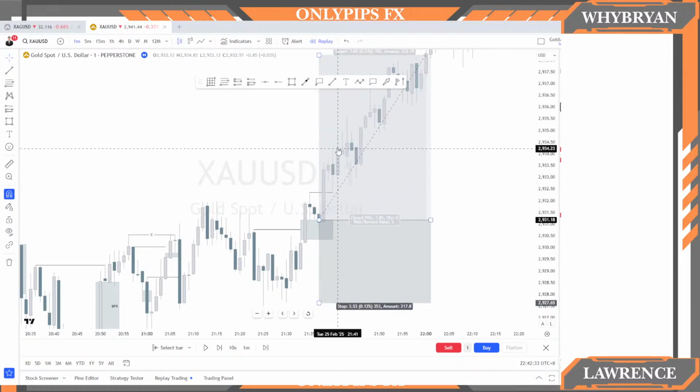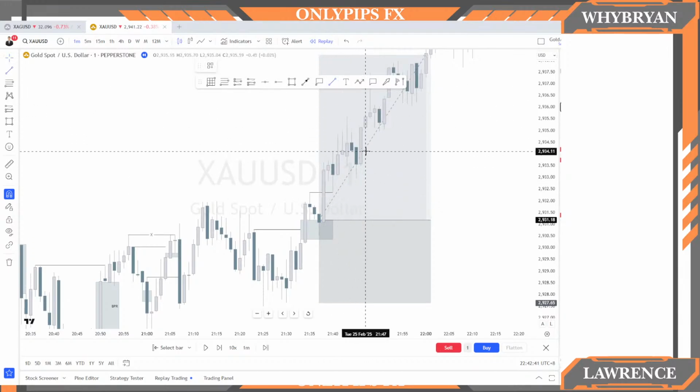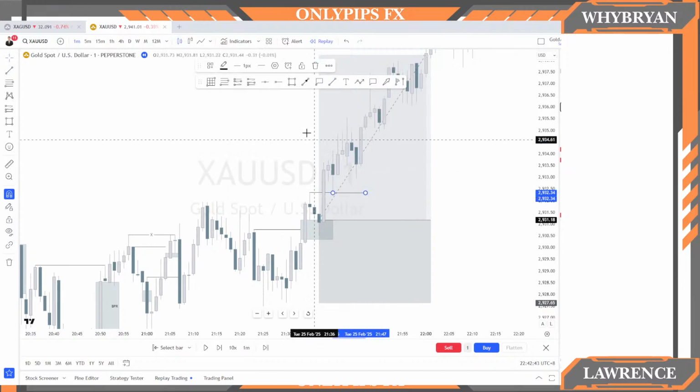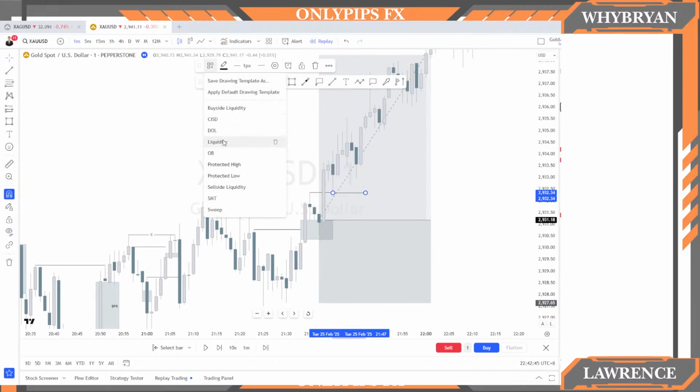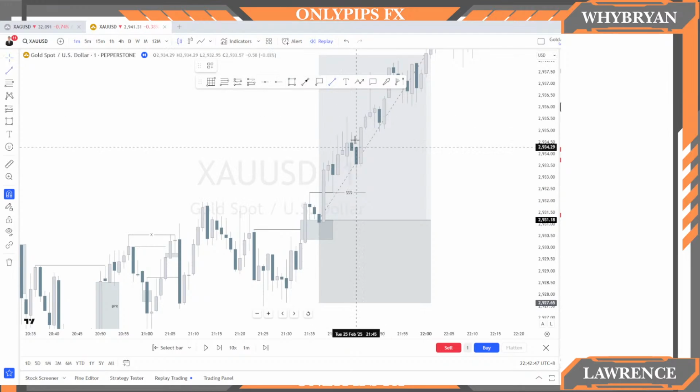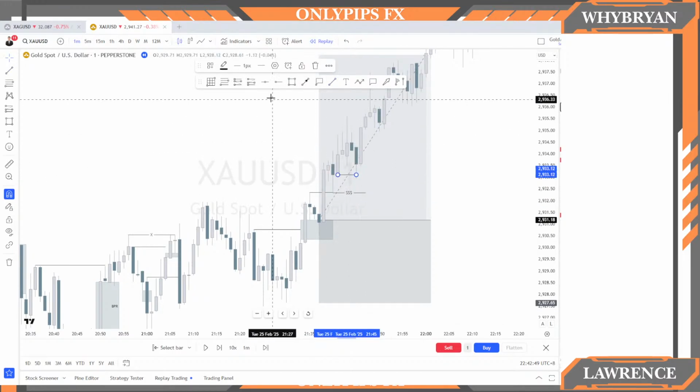Like here, the expansion did not create any fair value gap next, so we have to be careful. Maybe this low will be the liquidity.